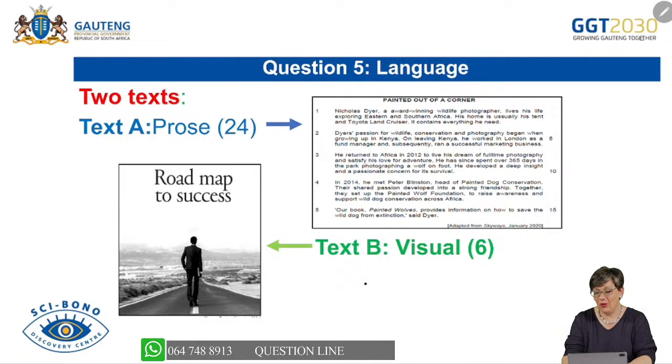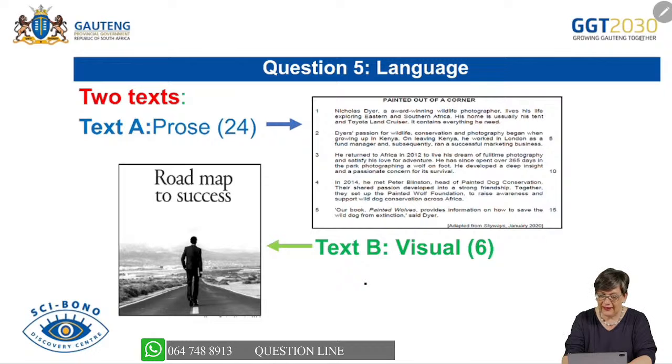Painted out of a corner. Nicholas Dyer, an award-winning wildlife photographer, lives his life exploring Eastern and Southern Africa. His home is usually his tent and Toyota Land Cruiser. It contains everything he needs. Dyer's passion for wildlife, conservation and photography began when growing up in Kenya.